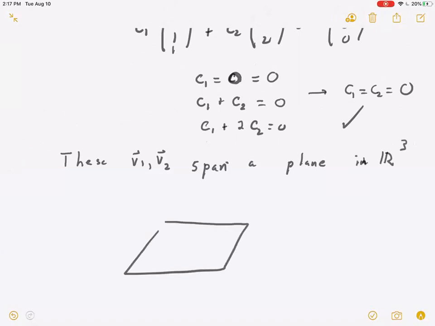So if I draw a nice little picture, here's the plane. A sub 1 and A sub 2 are somewhere in this plane. Here's an origin, and here's B.